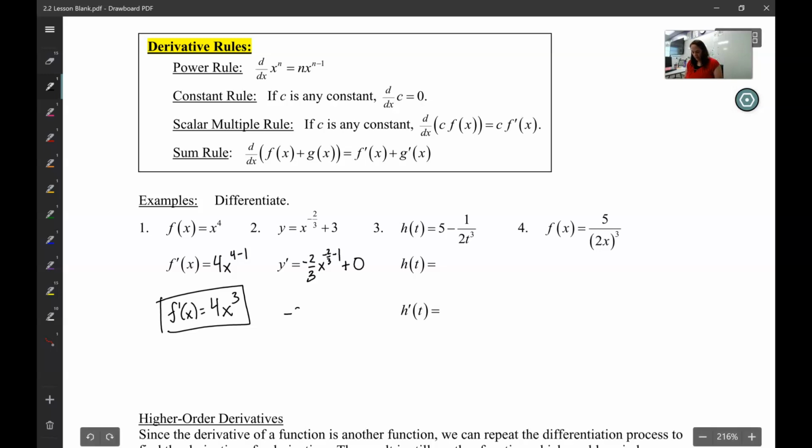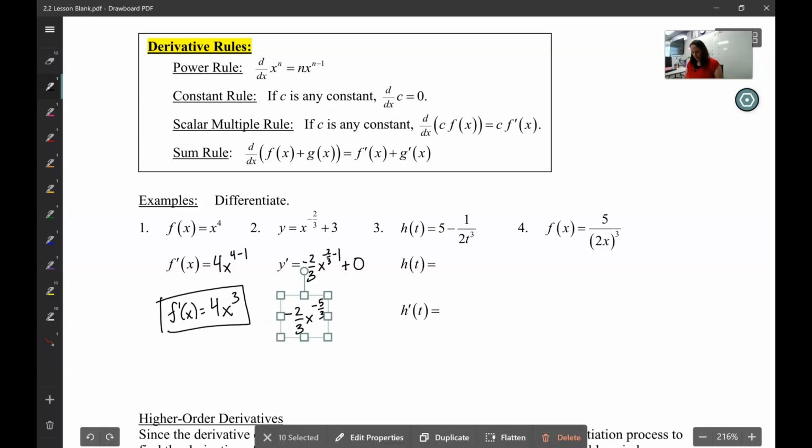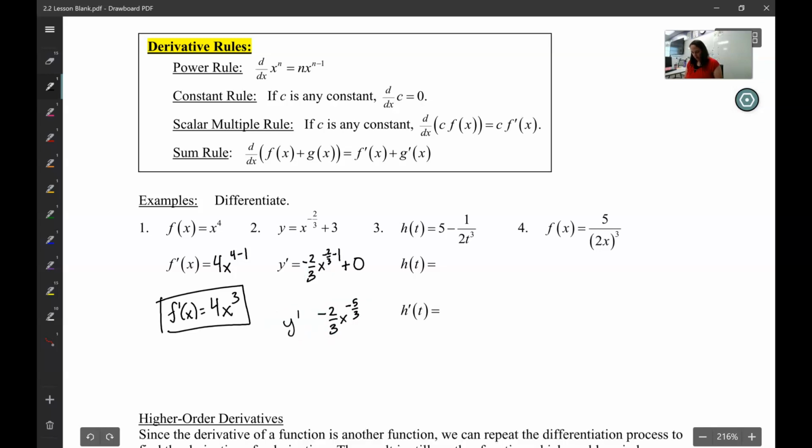So now I can simplify this. Negative 2/3 x, negative 2/3 minus 1 is going to be negative 5/3. And I don't need my plus 0. So that tells me that y prime is going to be that. Way easier.